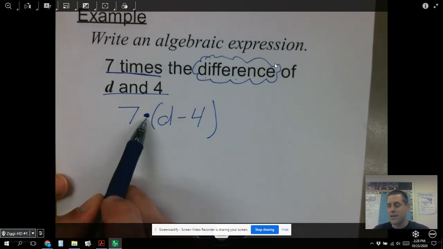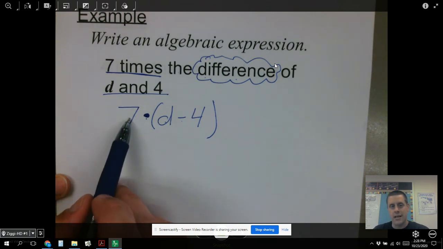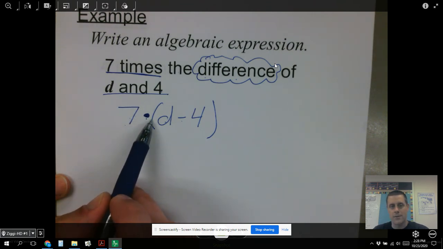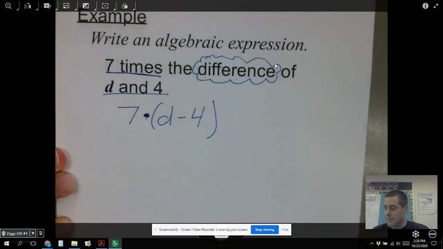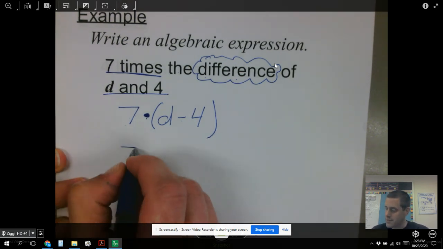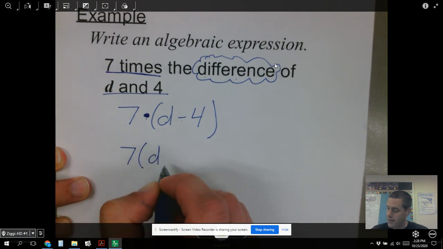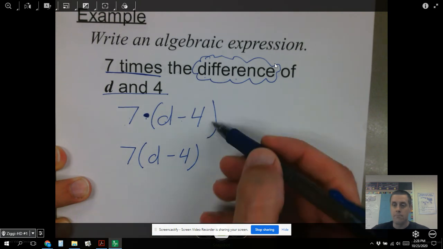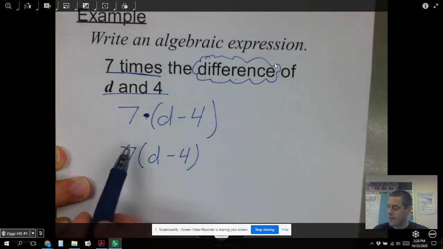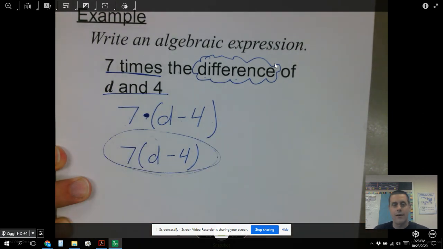We can show multiplication by having this coefficient 7 touching the grouping symbols with nothing in between. That would still mean multiplication. So the better formatting for this expression would be 7 times the quantity of d minus 4, having that 7 touch. Both are correct. I wouldn't mark either of them wrong, but this second one is a little bit better.